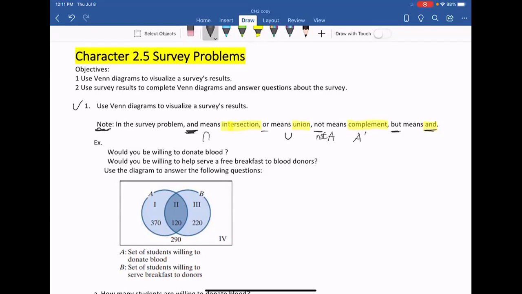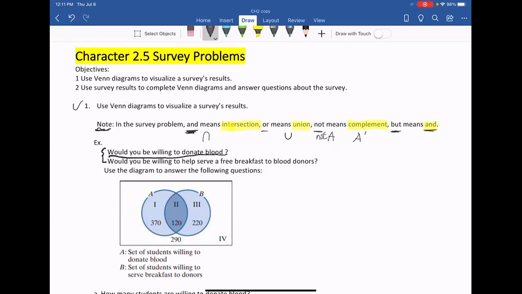Okay, let's see some examples. The first example is a survey. In the survey, we have two questions. Maybe you ask some students and let them answer. The first question is, would you be willing to donate blood?